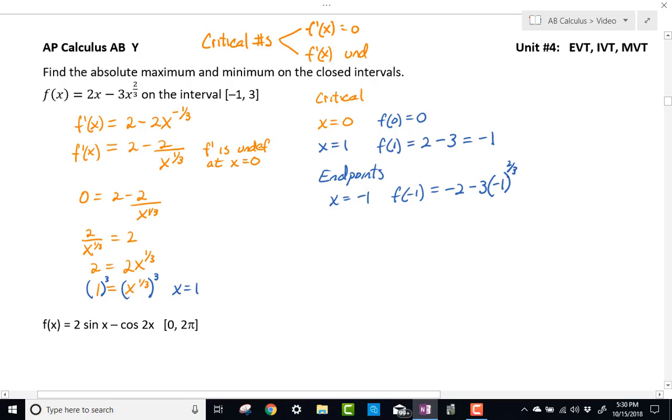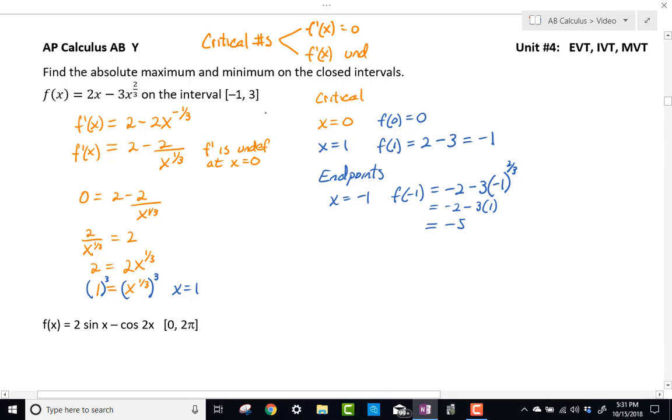I need to take the cube root, that's the 3 underneath here. I need to take the cube root of negative 1, which is negative 1. Then I need to square that, which is positive 1. So now I end up with negative 2 minus 3 times positive 1, and that whole thing turns out to be negative 2 minus 3, which is negative 5. So we end up with negative 5 for that one.